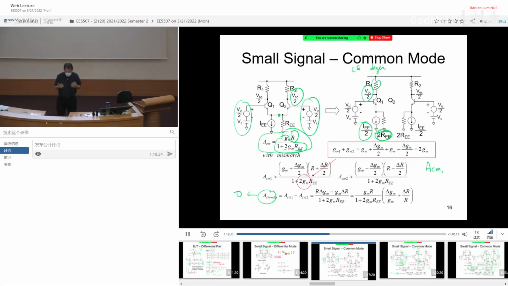Why? If you think carefully, why all the RF circuit engineers, all the analog IC designers always tell you, we prefer to work with differential circuit. Why? Common mode to differential mode gain is 0. Why is that important?